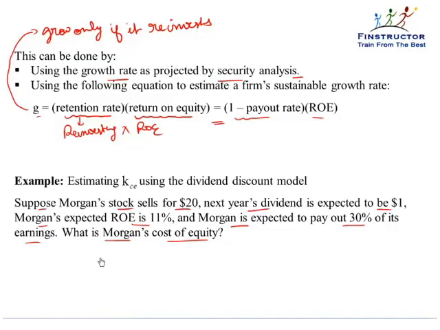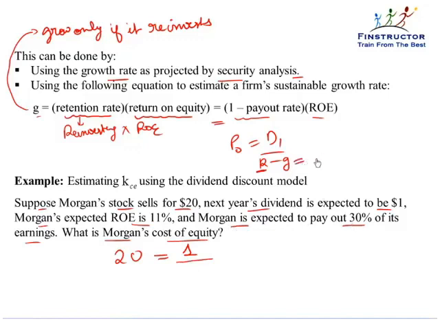So the stock price is known. Let's refresh the Gordon growth model. P naught is given by D1 upon K minus G. We have to estimate the K. P naught is given to be 20. Next year's dividend is expected to be $1. The ROE is 11 and the payout ratio is 30%.